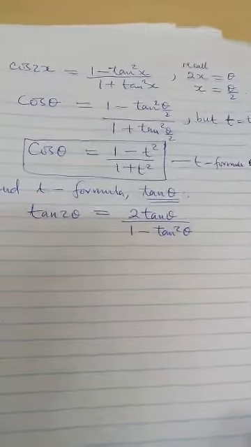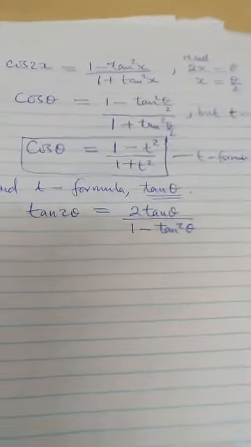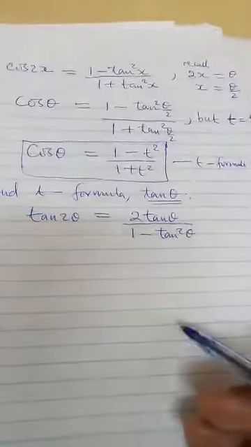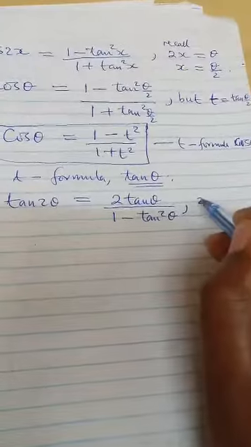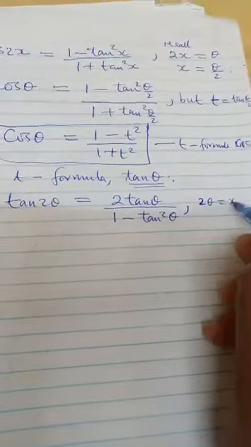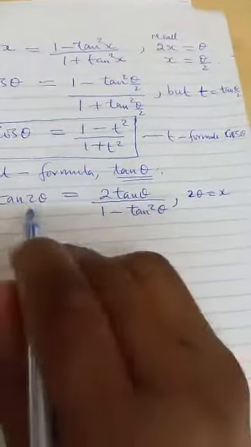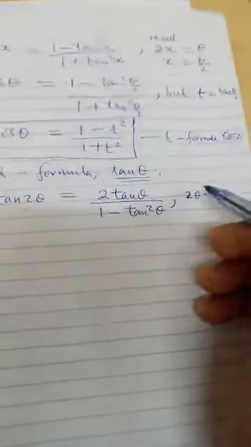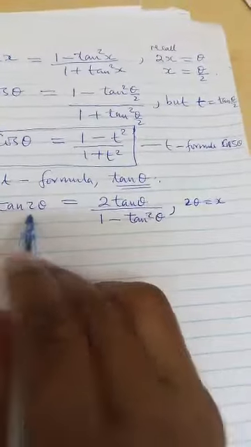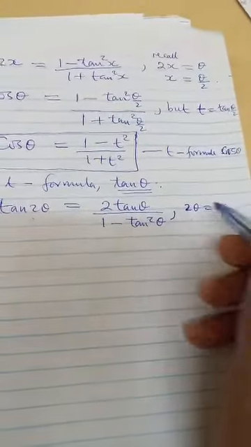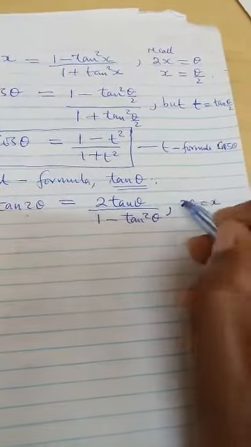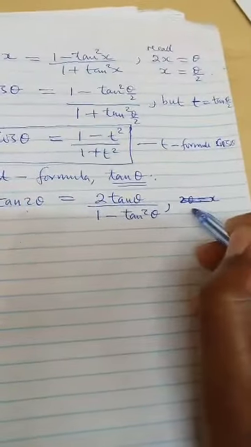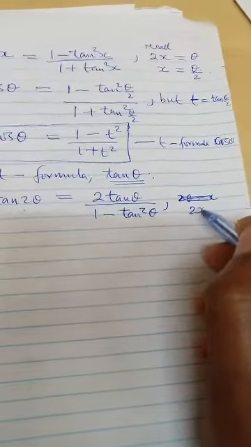Now for this one, it is direct. There are 2 ways. I will show you both ways. Here we already know that 2 theta is x. We know that 2x is equal to theta.